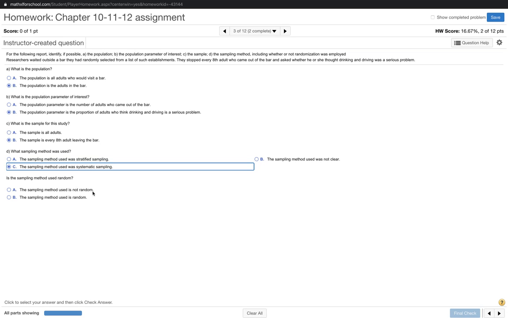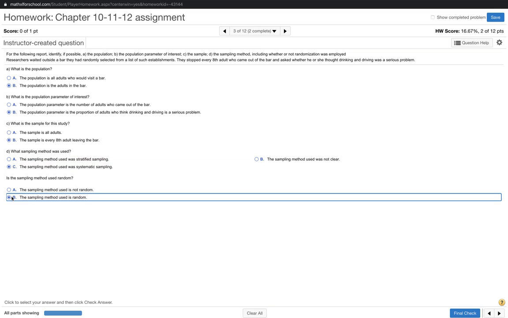Is the sampling method used random? Could go either way. A systematic sample is more random than, say, a voluntary response sample. So as long as they kept to that actual system of asking every eighth adult, I would say that's random.